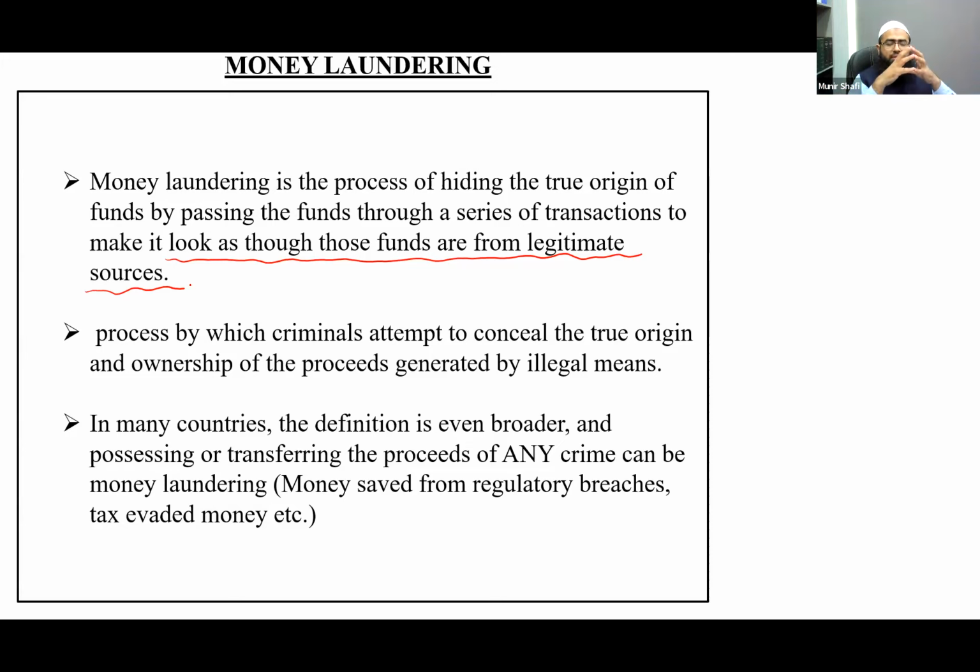So what you need to do is that, for example, person A has $1 million or $2 million of illegal money, and he is now planning to make it look clean so that these funds can be utilized, so that these funds can be channelized. Now, what is the process to launder it, to wash it? Laundry is a very common terminology.